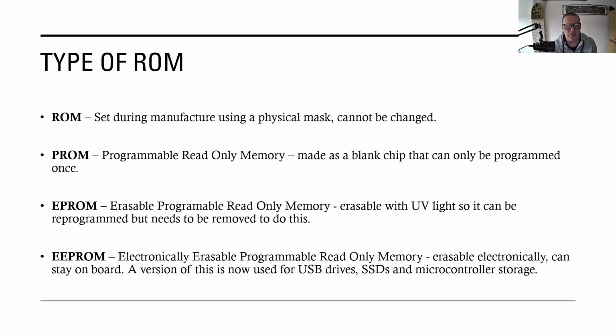So this is done widely now for all kinds of devices like TVs and printers and so on, so that you can update the contents of ROM whenever you want to. For example, with a firmware update, you could just do that using this method. And you find this sort of memory, this basic type of memory, in things like USB drives, SSDs, and so on.